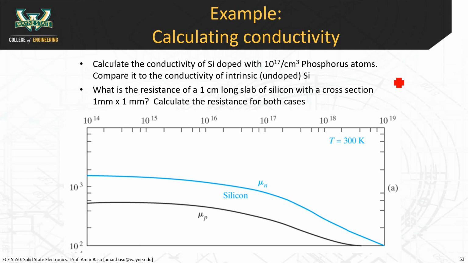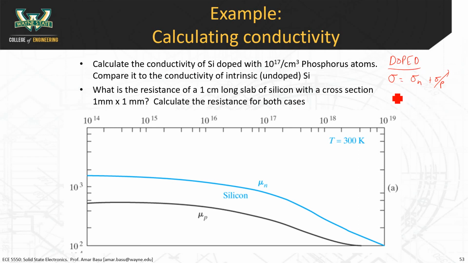So the conductivity is equal to sigma n plus sigma p, and we know that since this is phosphorus, column 5, this mu p is going to be insignificant. So this is for a doped semiconductor.